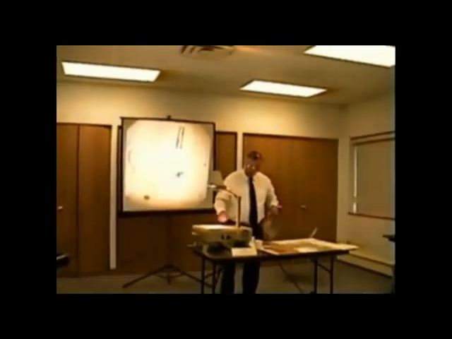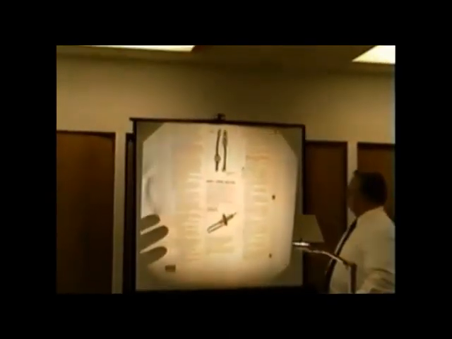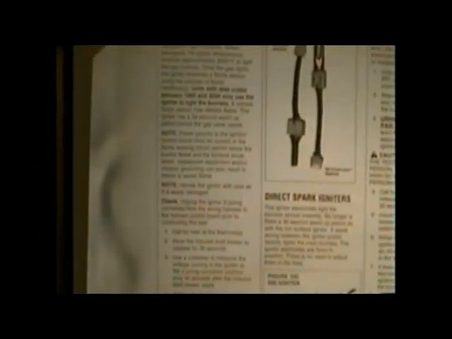Now, the next one is igniter ohms. So if you don't have spark ignition, we want igniter ohms. I would like you to go to your handout and turn over to page 96. Now, we can only go by the specifications that the manufacturer gives us.